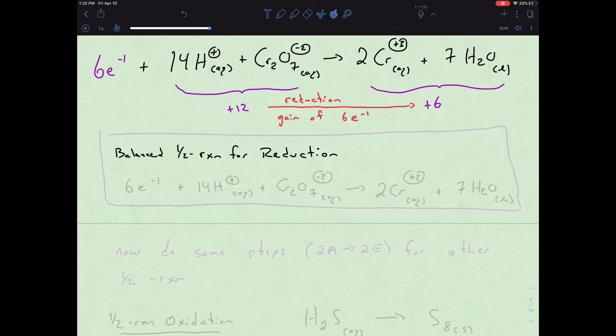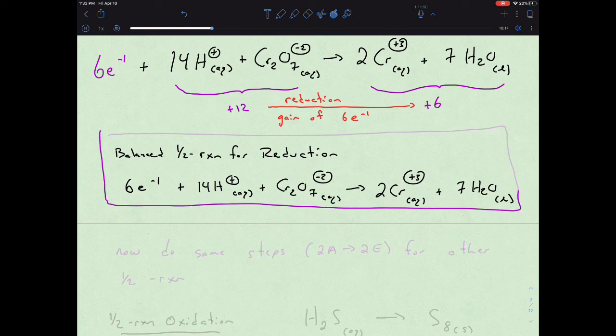So just to summarize, we would have our 6 electrons plus 14 protons plus the dichromate produces 2 chromium ions that are both plus 3 and 7 H2Os or water. And there is our balanced half reaction for reduction.